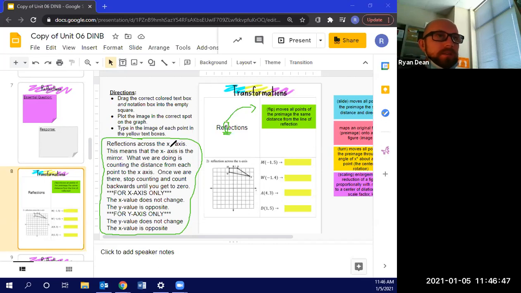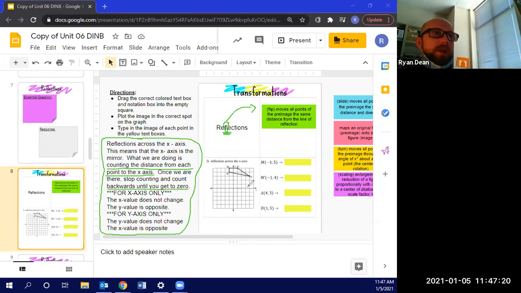So we're looking into the mirror and getting the same picture on the other side of the mirror. There are two different ways to do reflections. The first is counting the distance from each point to either the x-axis or the y-axis. Once we get there, we stop counting and go backwards until we get back to 0.